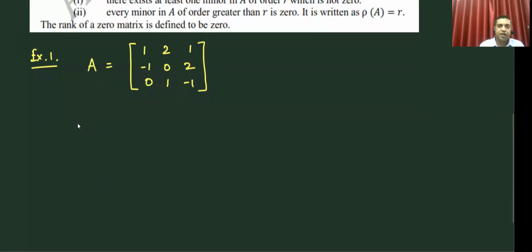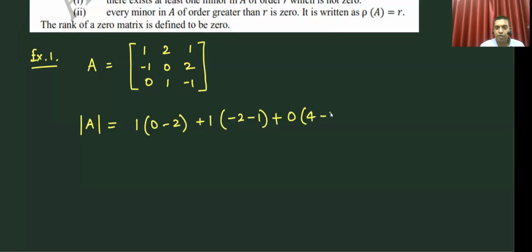So first I take the determinant of A. Expand about the first column. Why? Because there is a 0. It will be easier. 1 times 0 minus 2, then minus of minus 1 is plus 1 times minus 2 minus 1, plus 0 times whatever it is, 4 minus 0.